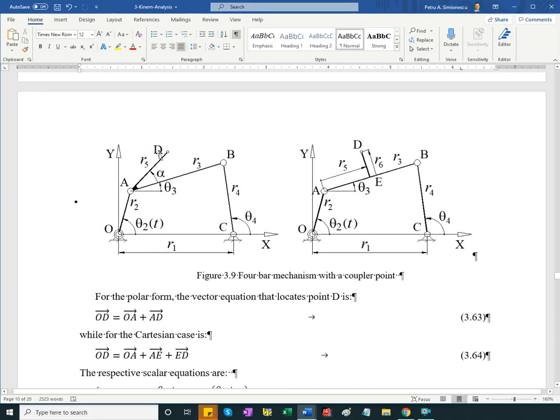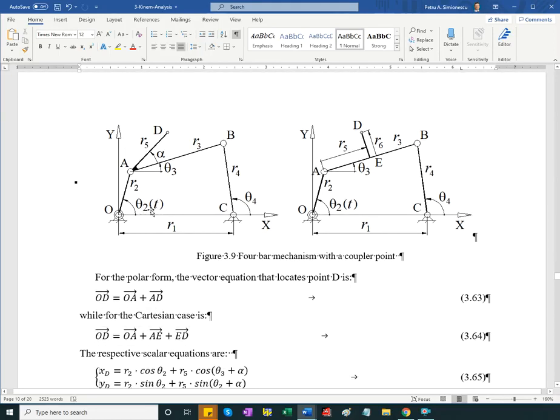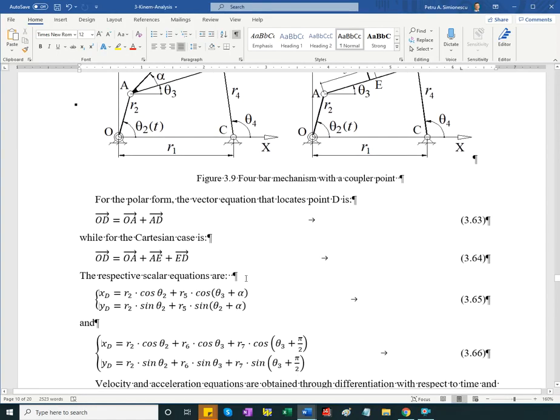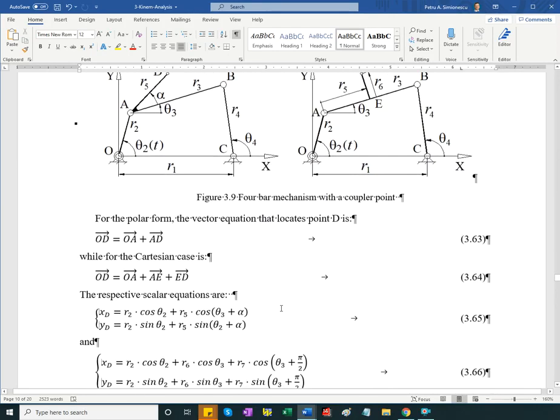Alright, so the way it's shown here, to get D, I write OD equals OA plus AD. And OA, we need to make use of theta 3 at some point, because again we project, or we need to know an angle relative to the horizontal axis, so we'll have R5 cosine of theta 3 plus alpha, and you can see them here.